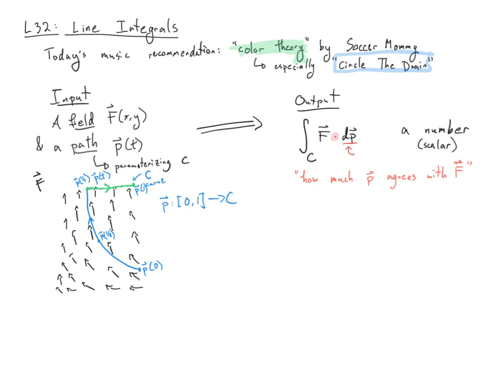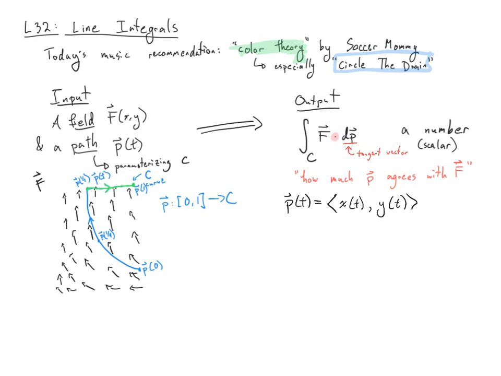And we've already said that the derivative of a path is kind of like a tangent vector. So if you think back to when we were talking about parameterized curves, if we have this function p of t, it might be given, as a vector valued function, as x of t, comma y of t.